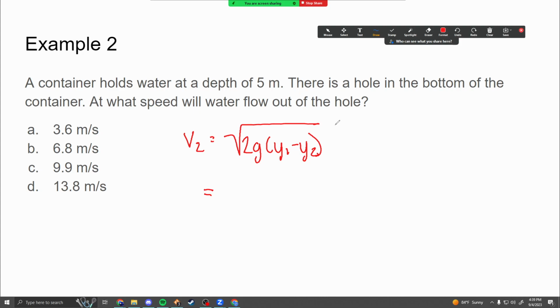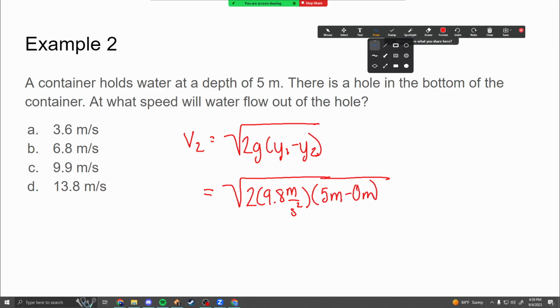That means that you can call y2 0. Just call that the ground. It makes it easier. And that will, when you calculate that out, that's 9.9.